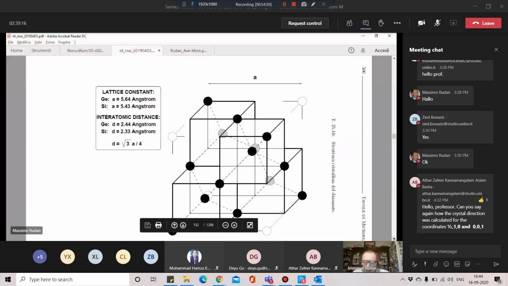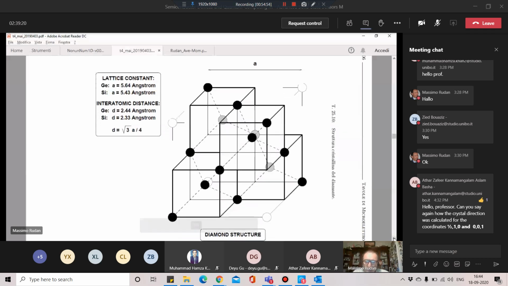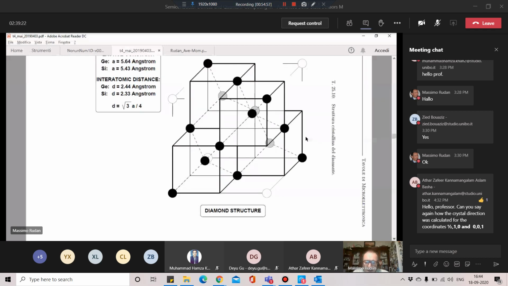Okay, so this is it for the structure of crystalline silicon and crystalline germanium. This structure goes under the general name of diamond structure. It is called diamond structure because also carbon in the diamond form has the same structure.